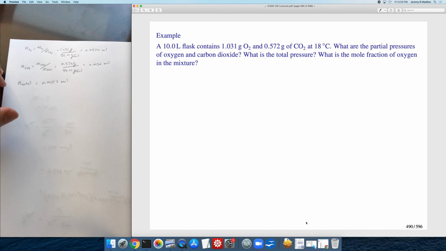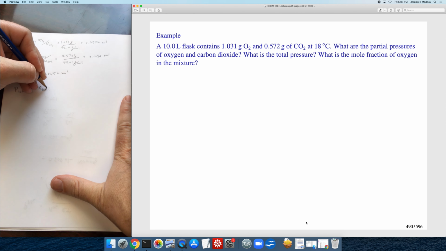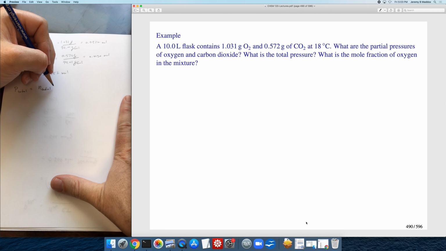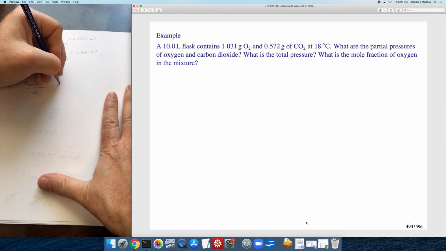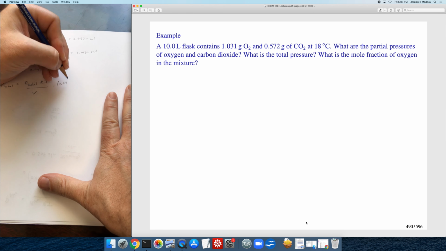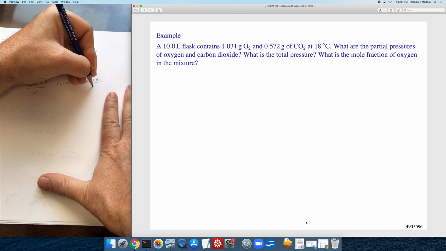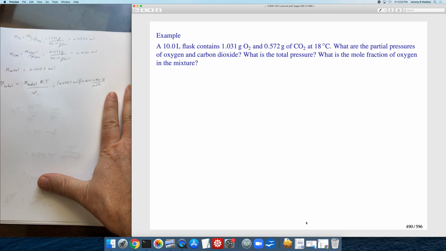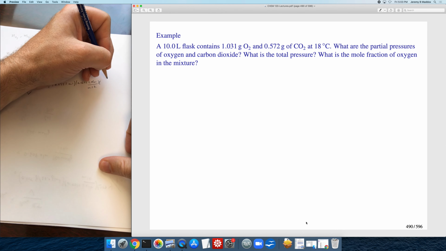Let's calculate the total pressure. P total is the number of moles total times R times T divided by the volume. Okay, so we'll have 0.0452 moles times the gas constant times the temperature, 18 degrees Celsius. We need to convert that to Kelvin. I'm getting 291 Kelvin.